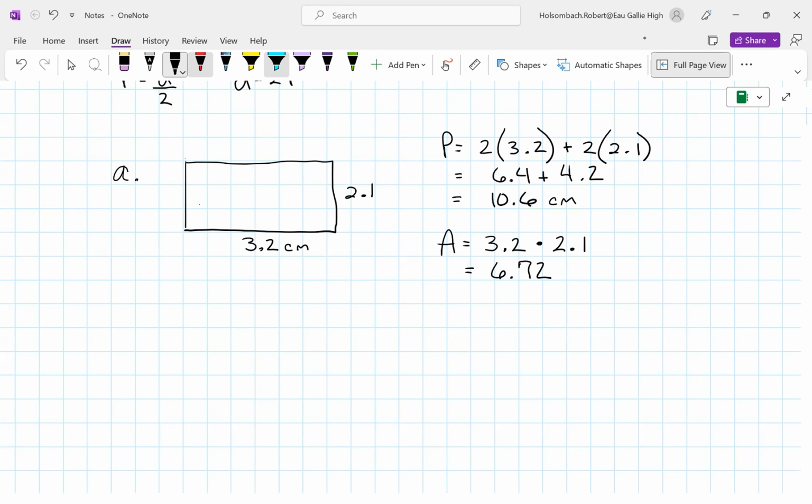So if our area is 6.72, centimeters squared is read 6.72 square centimeters. Whatever the dimension is of the shape is what your area and perimeter is in for each of those formulas.